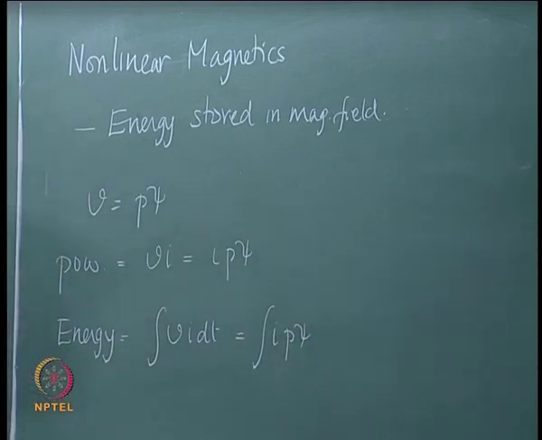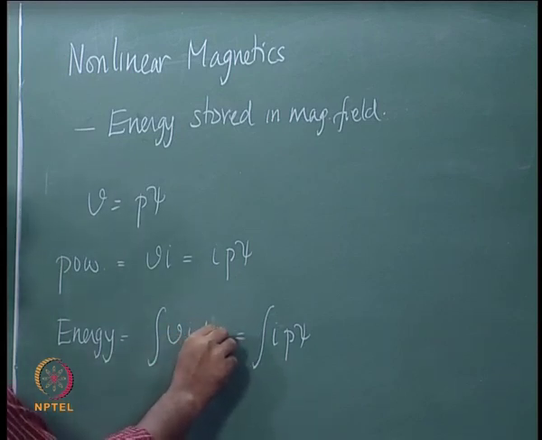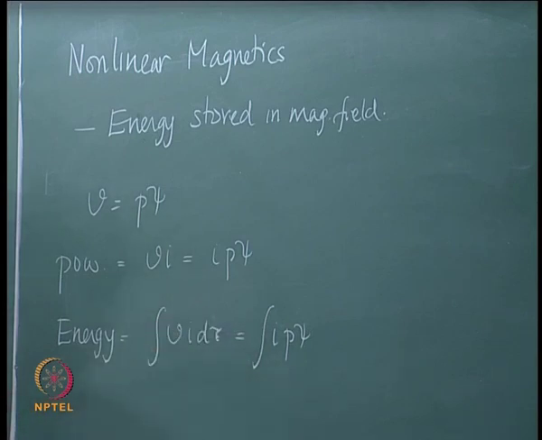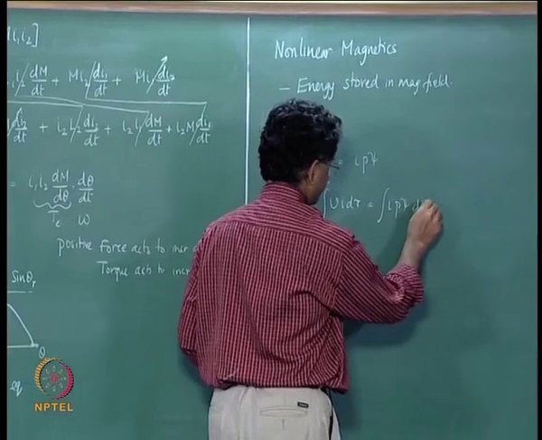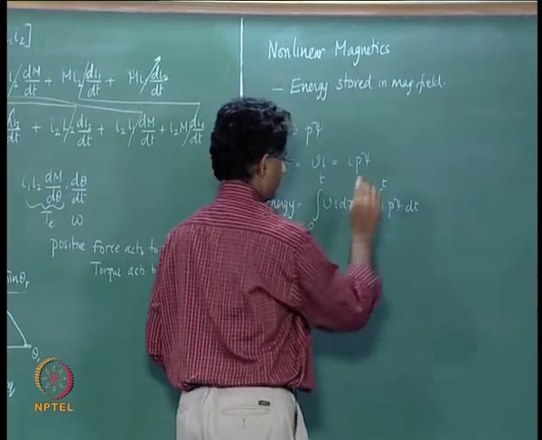Now in order to be a little more exact, what we could say is this integral is V I d tau. We will take a change in the variable of integration and then designate the limits as from 0 to t. This is I p psi dt, again integral from 0 to t.